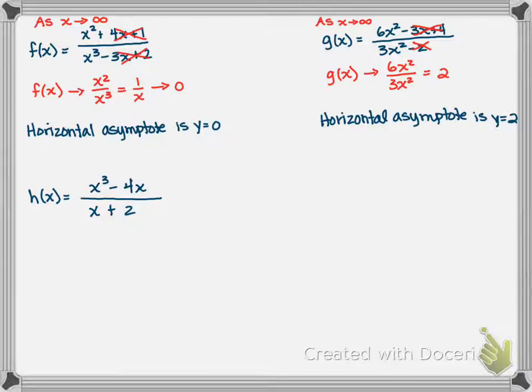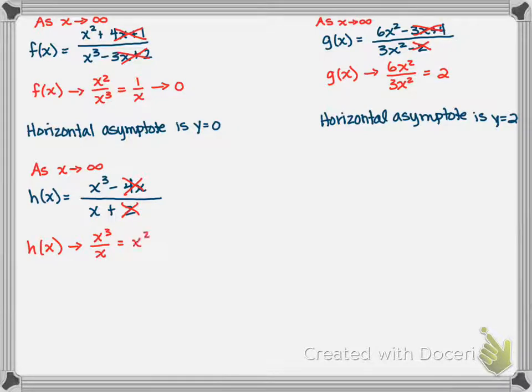So again, let's think about what happens as x gets really big. My numerator is going to be dominated by x to the third, and my denominator is going to be dominated by x. And so h of x is going to go towards x to the third divided by x, which is what?